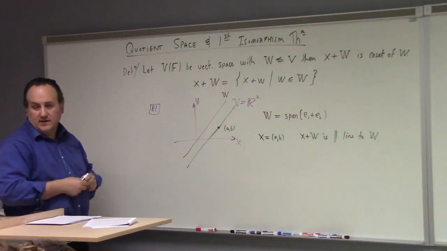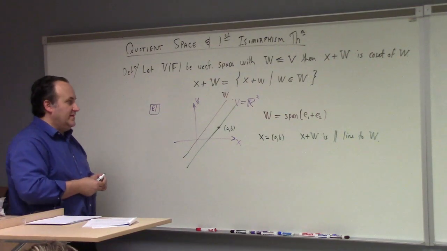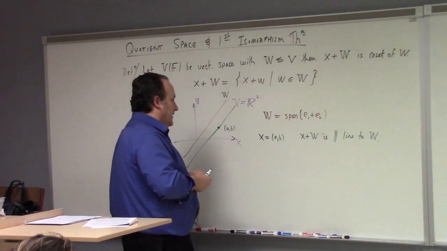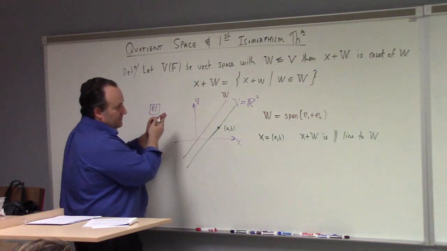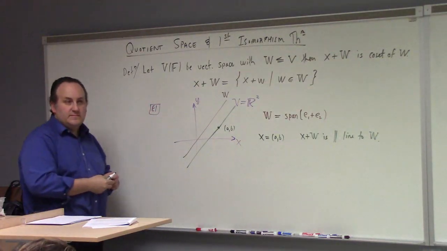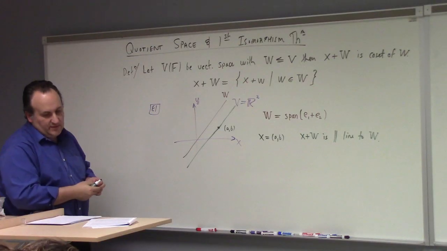So we can think of R2 as the union of all these cosets.